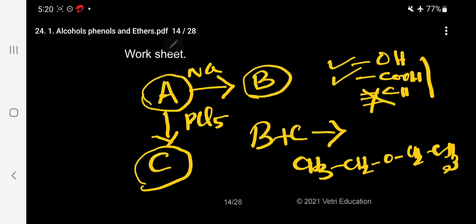Now come to B and C. I told you B should be a sodium derivative of A, whereas C is the corresponding halide. So how to identify these compounds? Kindly follow. To help with this, there is a method called the synthon approach. Synthon means take the product, cleave any part and find out the reagents.